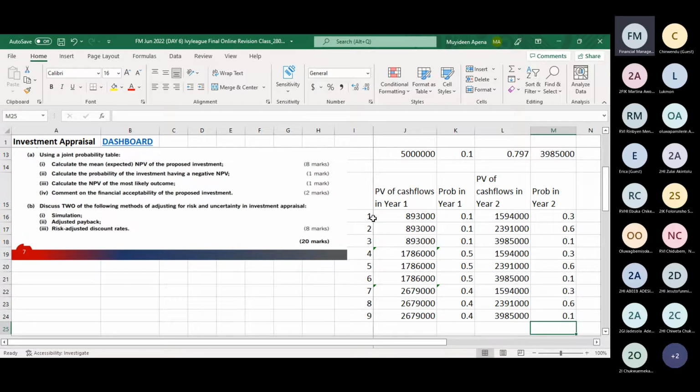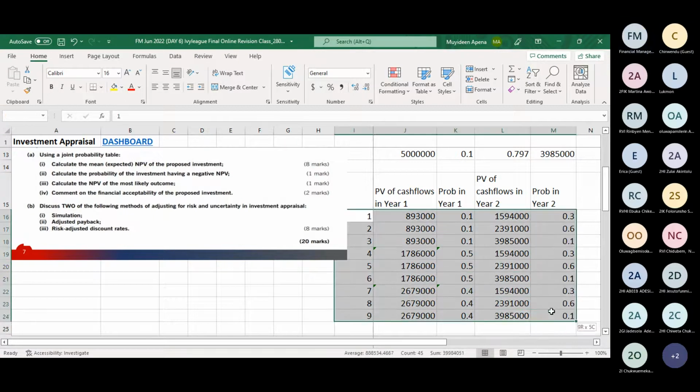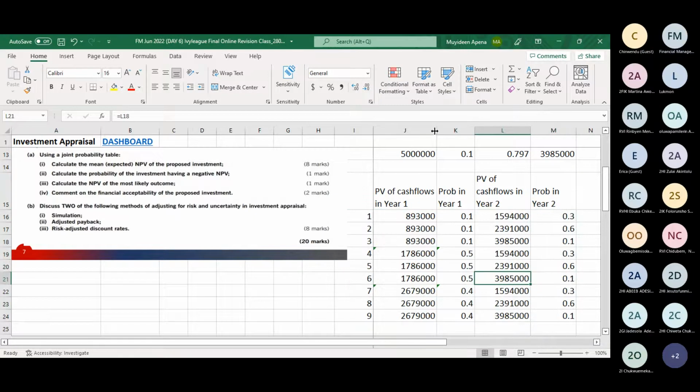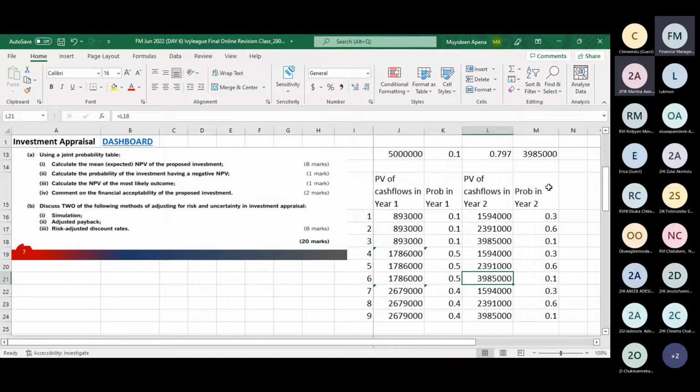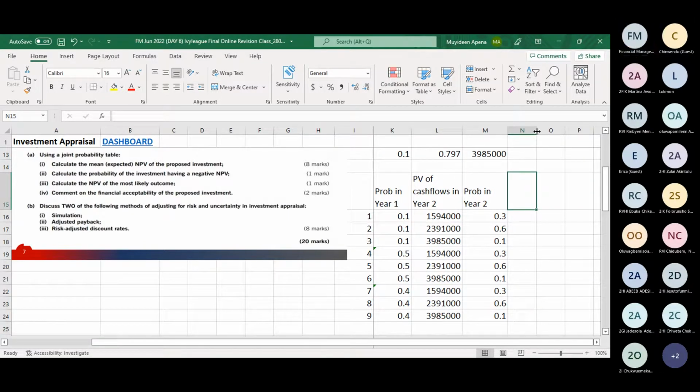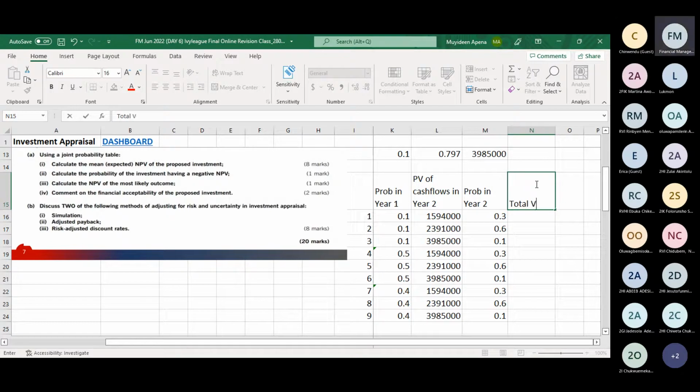These are the 9 scenarios that will happen. Are we following? Yes, sir. Now, joint probability will mean that we need to total the values for each scenario. For each scenario, what do we think will be the total present value?